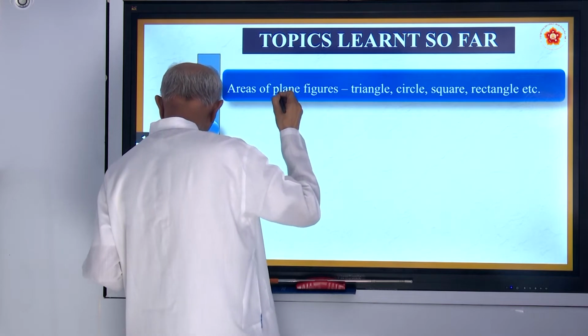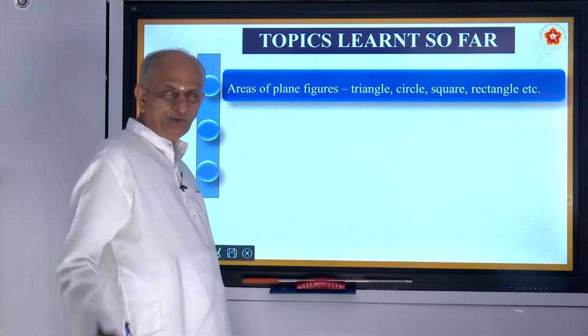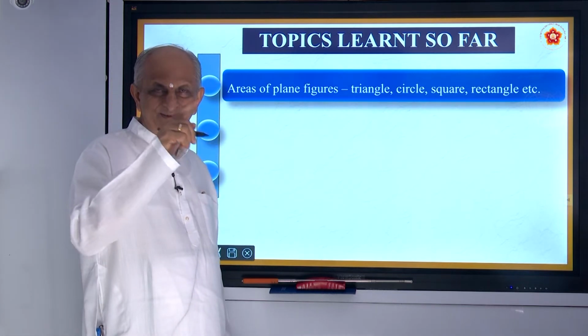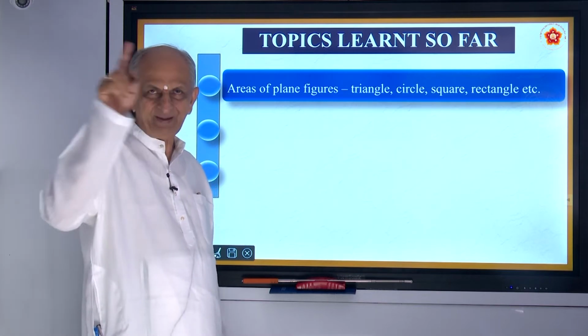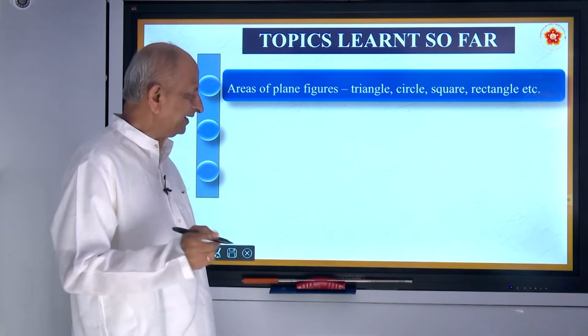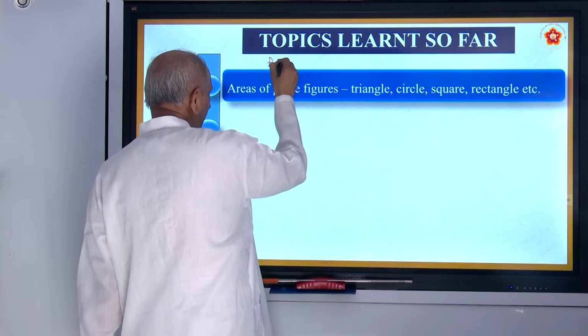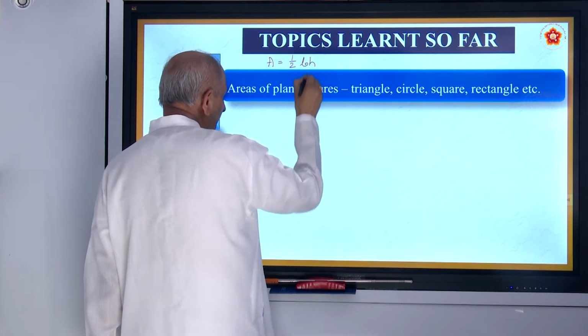I told you to list out all the plane figures, their areas, their perimeters. Make a table like this. Learn it. Area of triangle, A is equal to half of base into height.